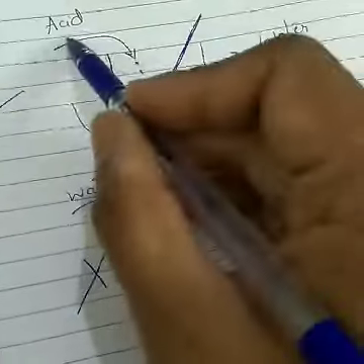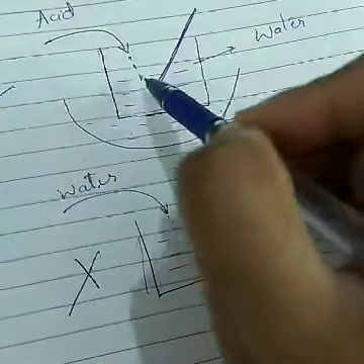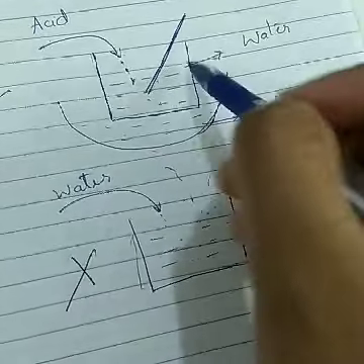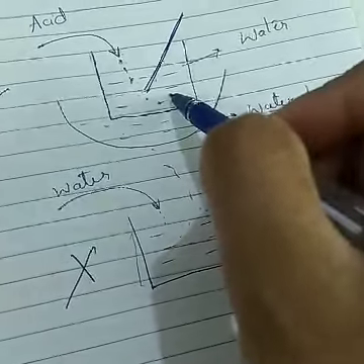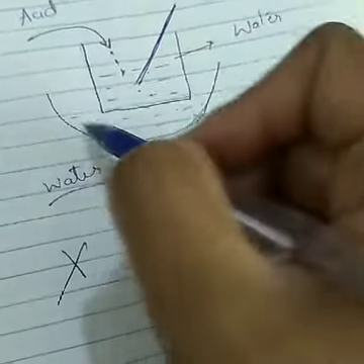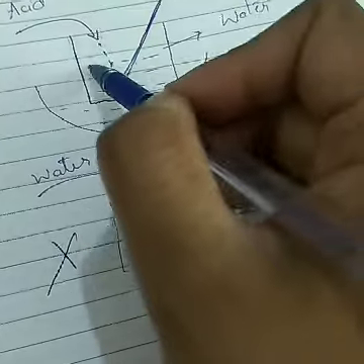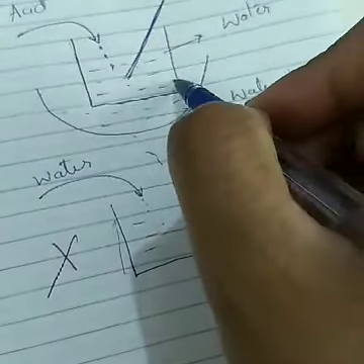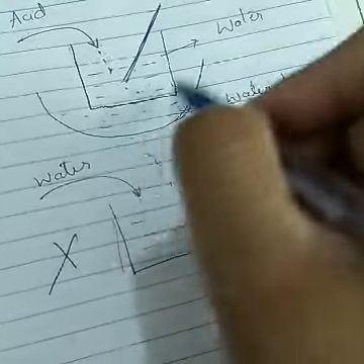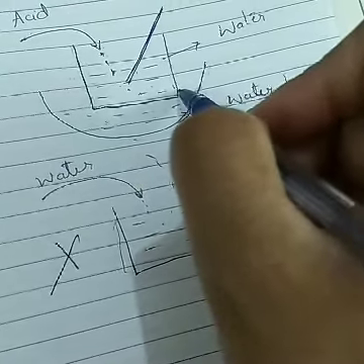So, always add acid to water drop wise with constant stirring, so that the heat which is generated can come down by keeping it in the water bath. Why are we keeping the water bath? Because when the heat is generated, the beaker becomes very hot, and the water will maintain a normal temperature.